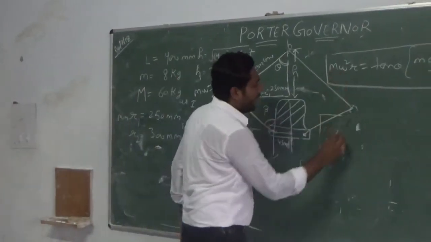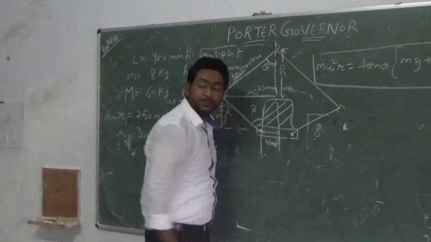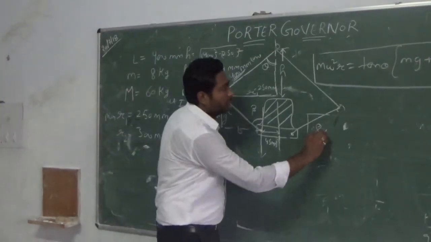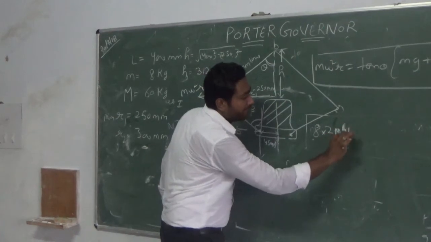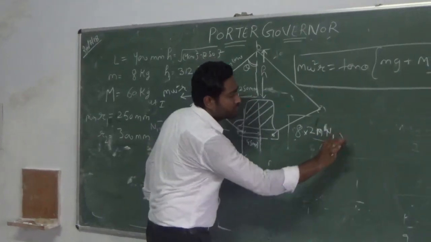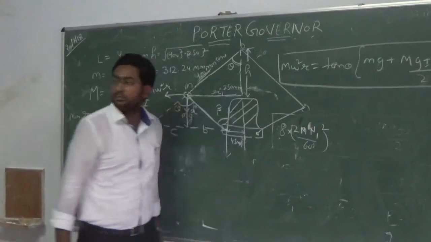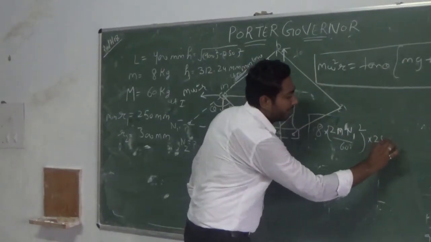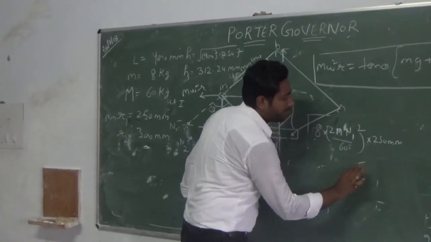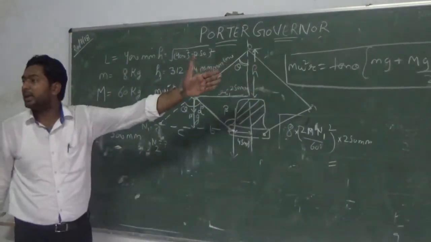Now m is given as 8, omega is 2 pi n by 60 square, and r1 is 250 mm, equal to tan theta.